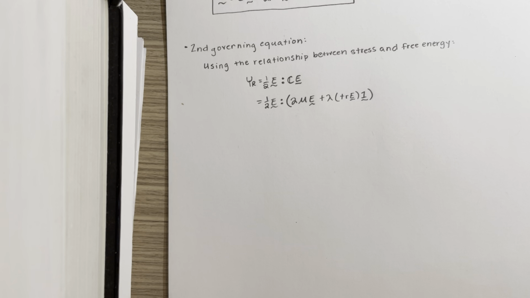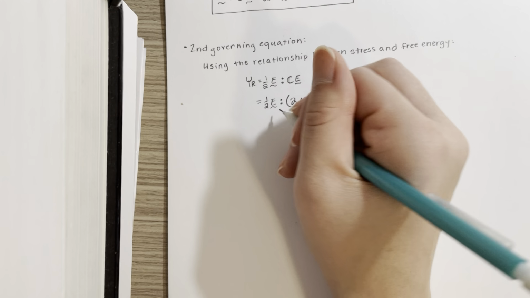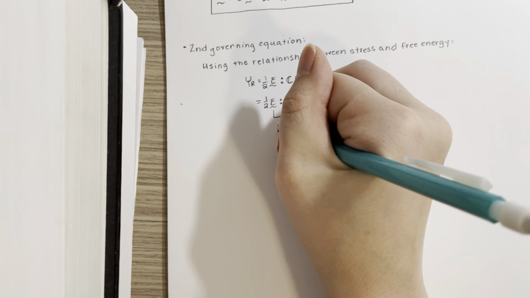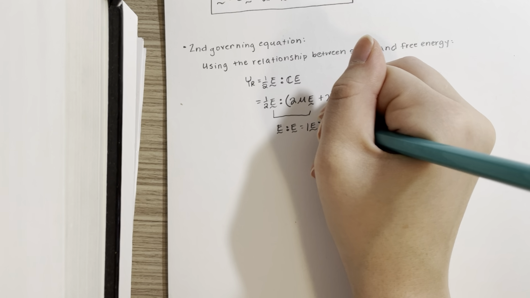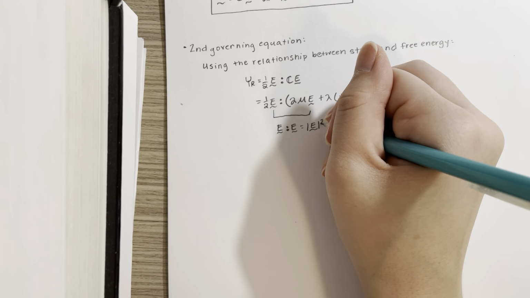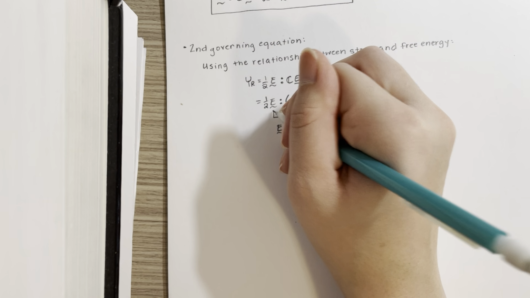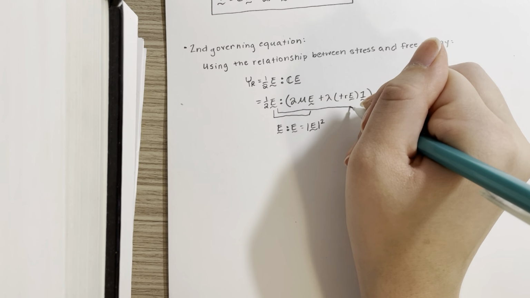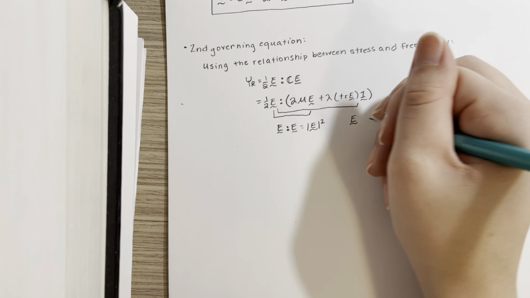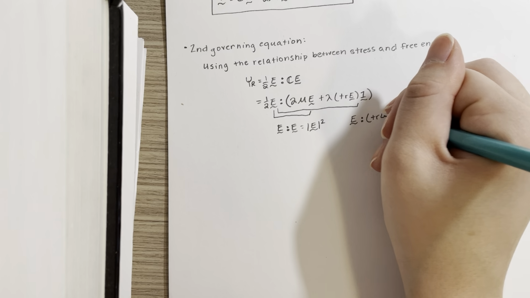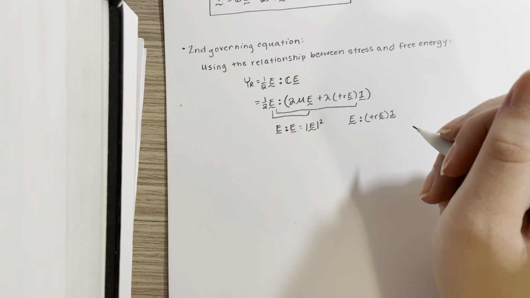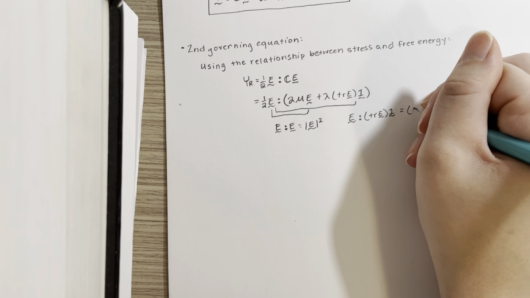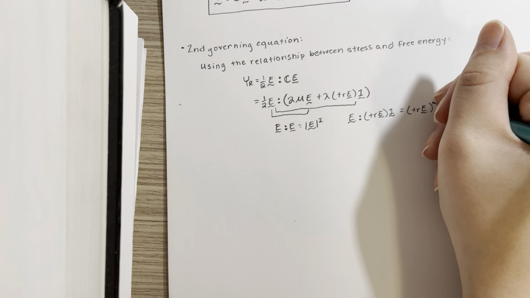All right, so now just using some tensor properties, we know that E double dotted with E is the same as the magnitude of E squared. Then we also have that E double dotted with the trace of E times the identity tensor will give us the trace of E squared.